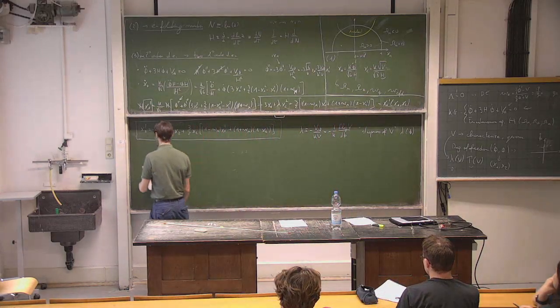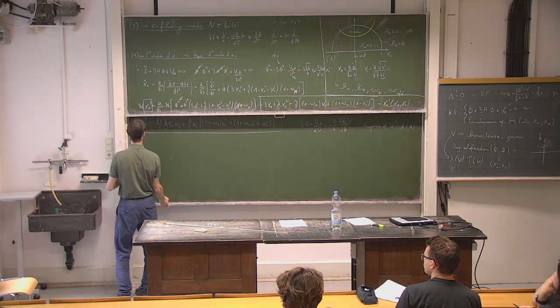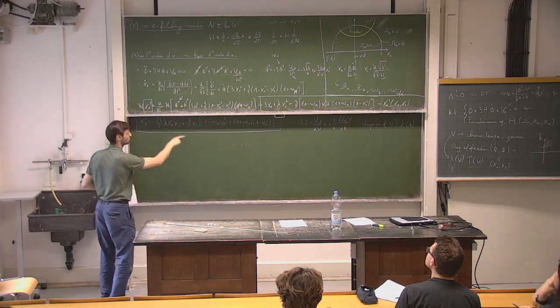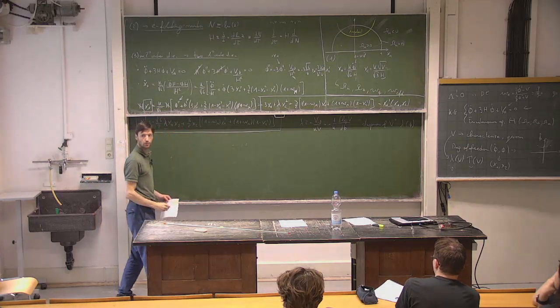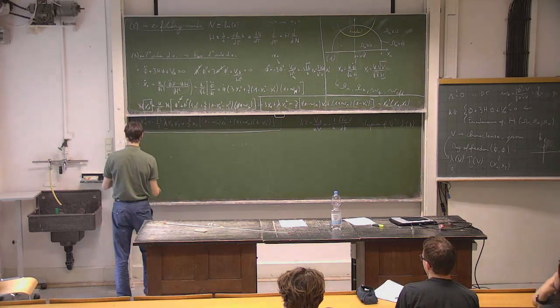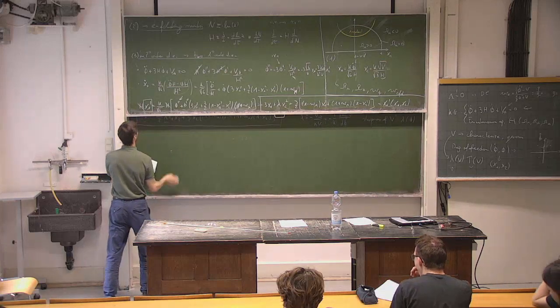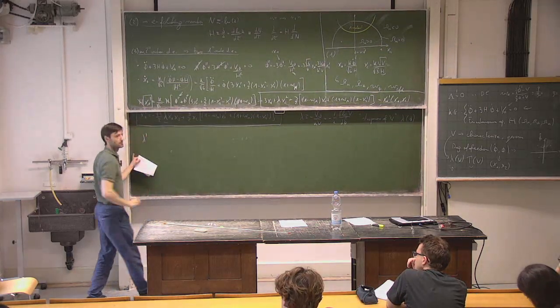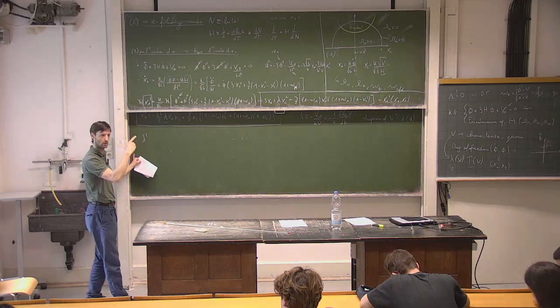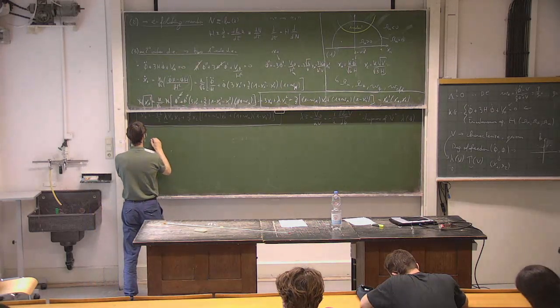So what do we do? We need a third equation, because we have three variables, x1 prime, x2 prime, and lambda to be characterized. Therefore, we're going to do the same as we did for x1 and x2, and we want to know how lambda is evolving. In a certain location, we want to know how lambda is changing.